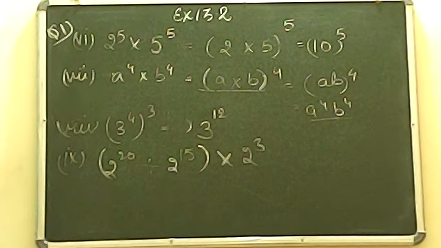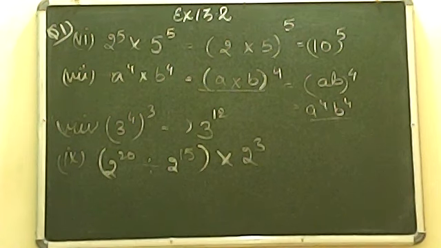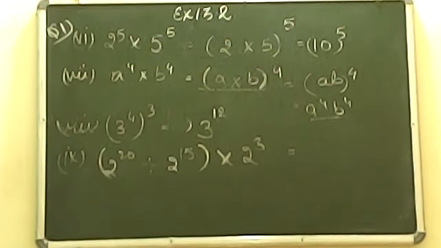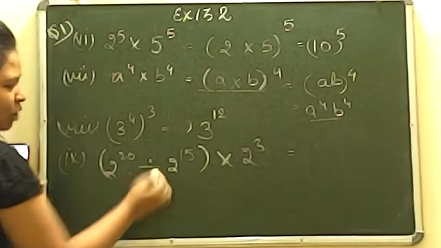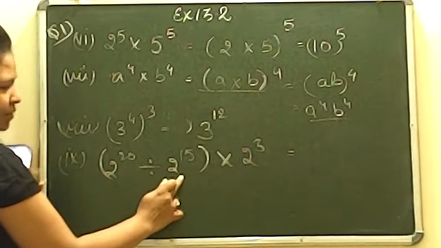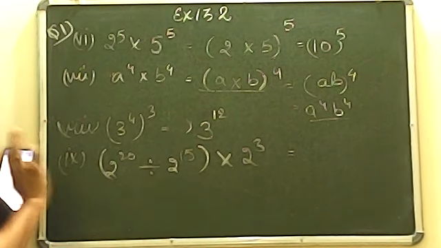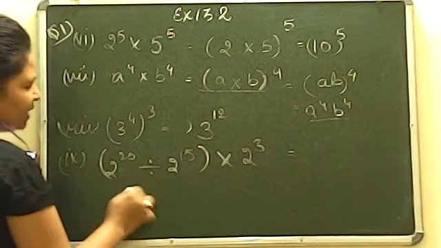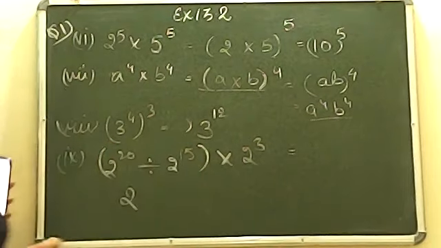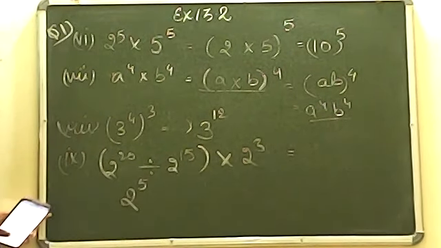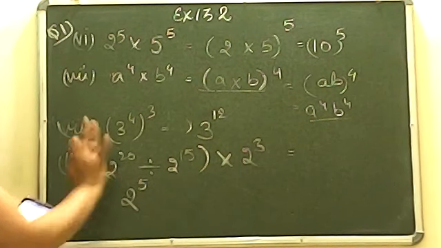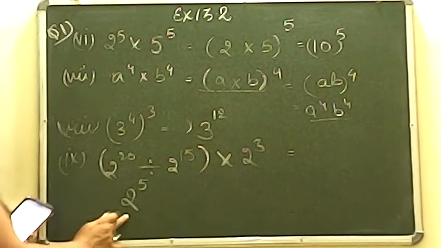I hope you have done this solution already. In this question you have the same base. सबसे पहले तो bracket solve होगा. You have the same base, you have a different power. ठीक है? In between there is a sign of division. It means it will give you 20 minus 15. 20 minus 15 का मतलब होता है only 5. ठीक है? 2 की power 5 बच गया. इस bracket से solve होकर you have got 2 to the power 5.